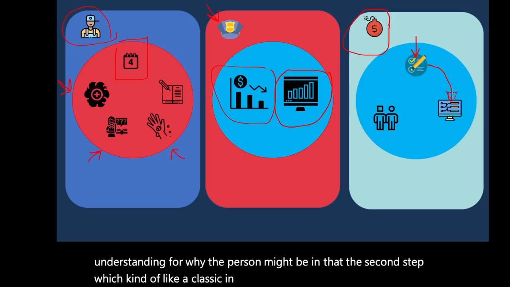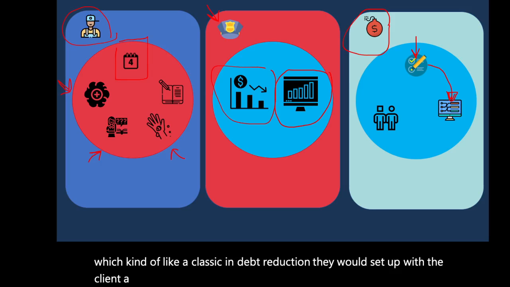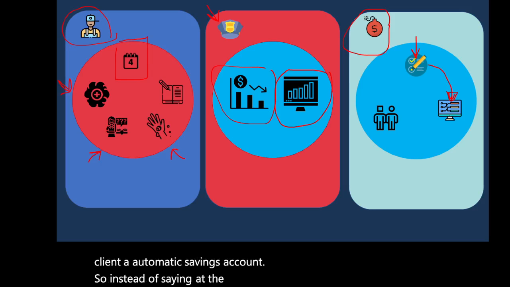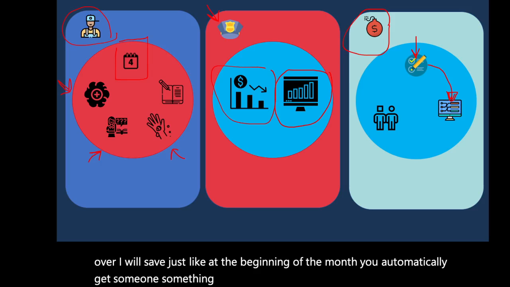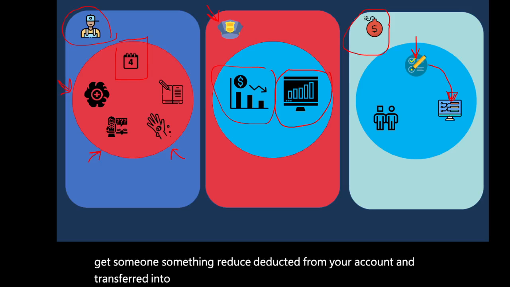They would set up with the client an automatic savings account. So instead of saying at the end of the month, whatever money is left over, I will save, at the beginning of the month you automatically get something deducted from your account and transferred into your savings account to reduce your debt.